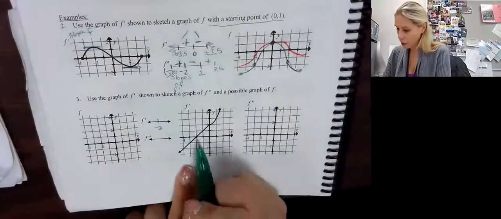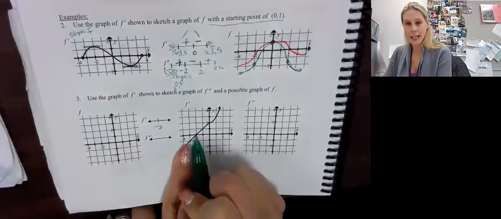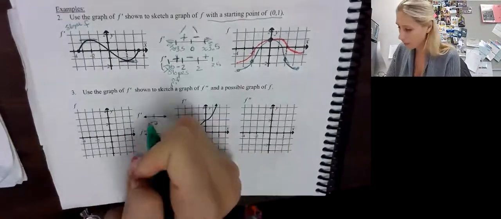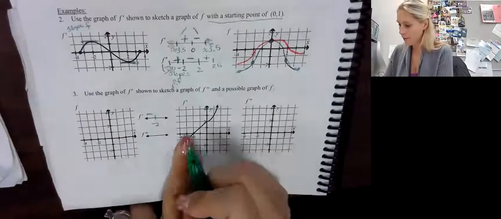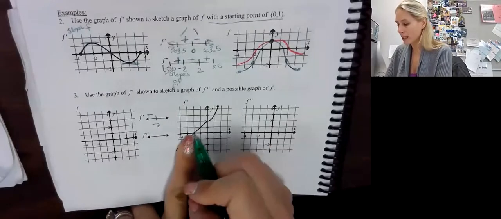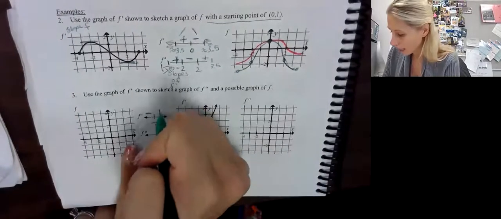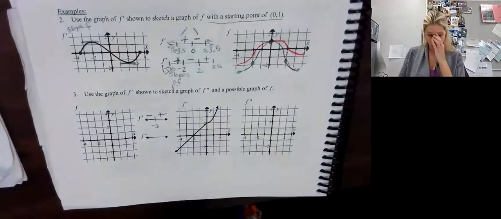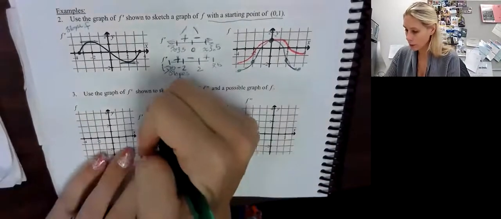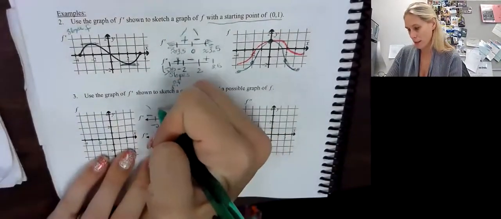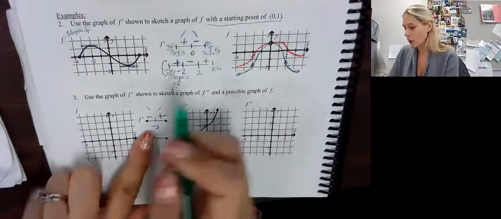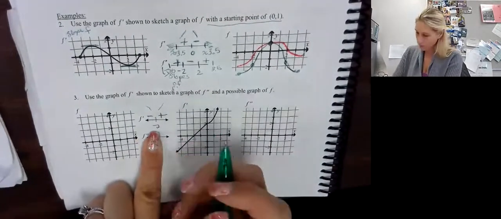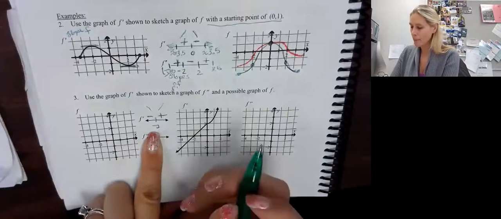Now at -2, to the left side of it, it's below the graph, so it's negative. And on the right side of the graph, it's positive. This means that it's going to decrease to -2 and then increase after, which also means at -2, it is a minimum.